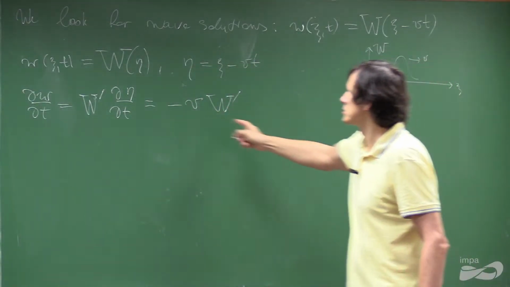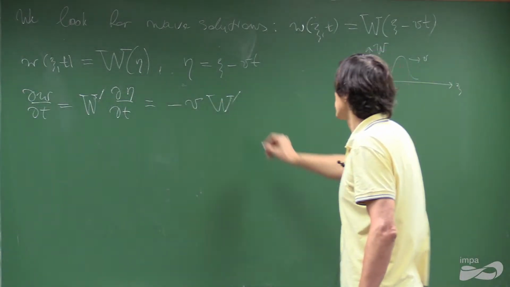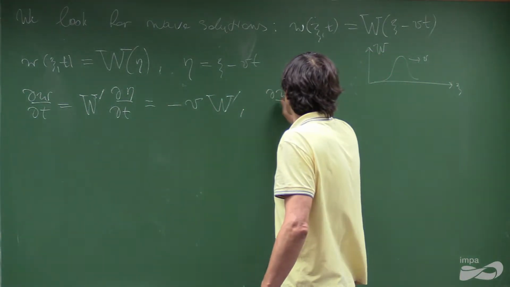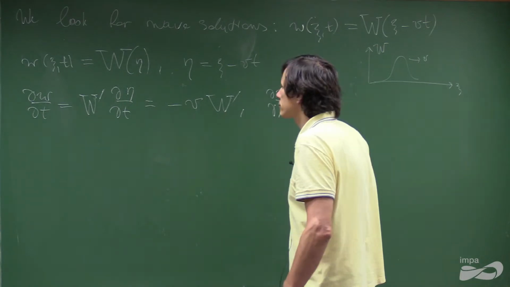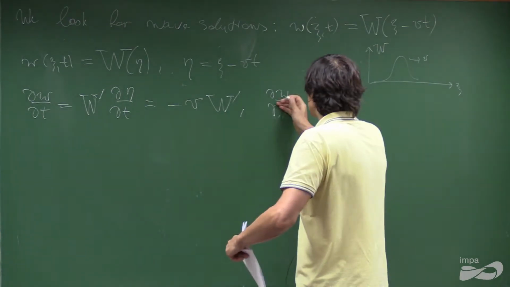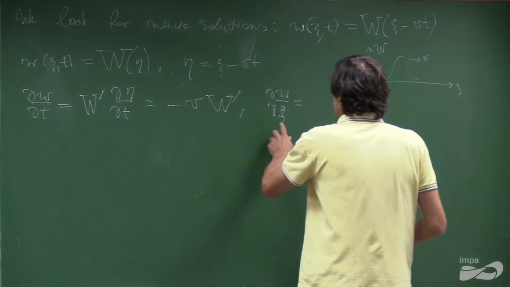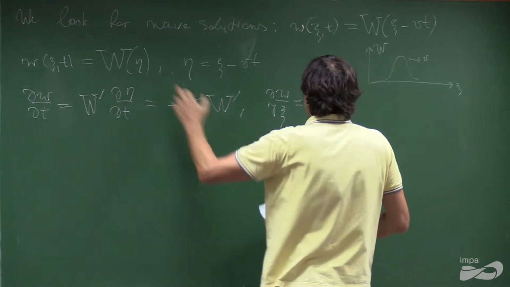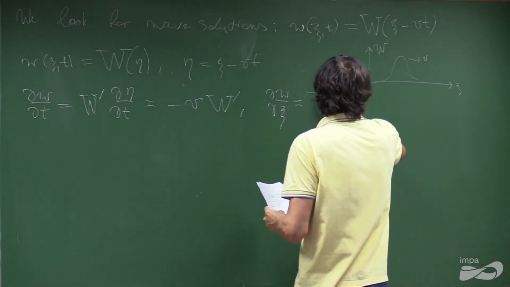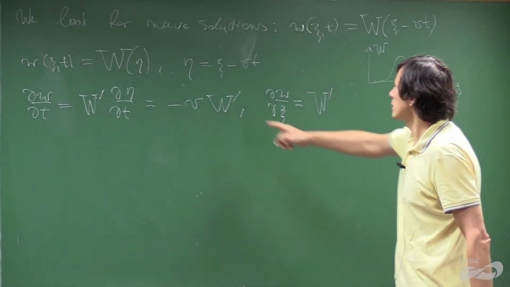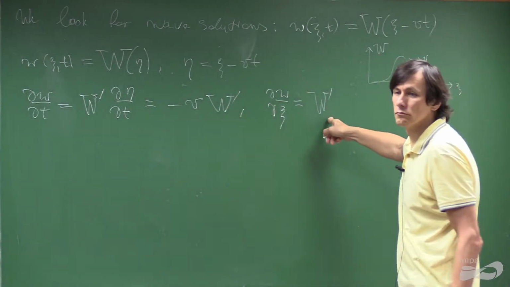I'll take prime as the derivative with respect to the only variable. So then dW/dx is the same thing as dW/dψ. You first differentiate with respect to η, so it's prime, and then η with respect to ψ will give you 1.